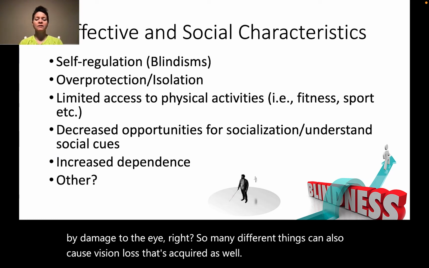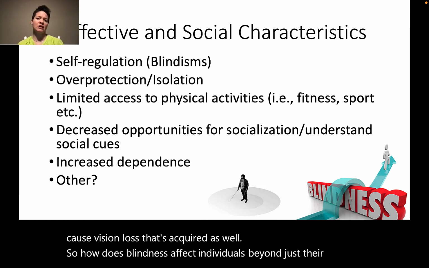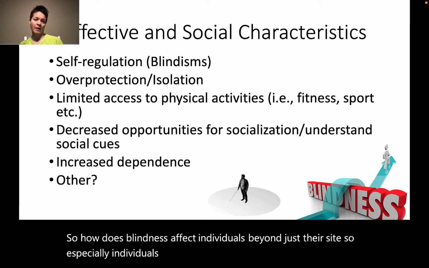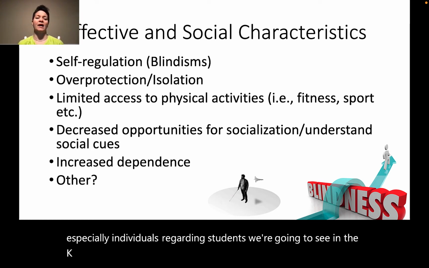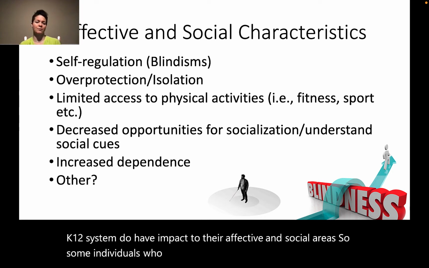So how does blindness affect individuals beyond just their sight? So especially individuals regarding students we're going to see in the K-12 system do have impact to their affective and social areas. So some individuals who are blind, visually impaired may have some self-regulation behaviors.